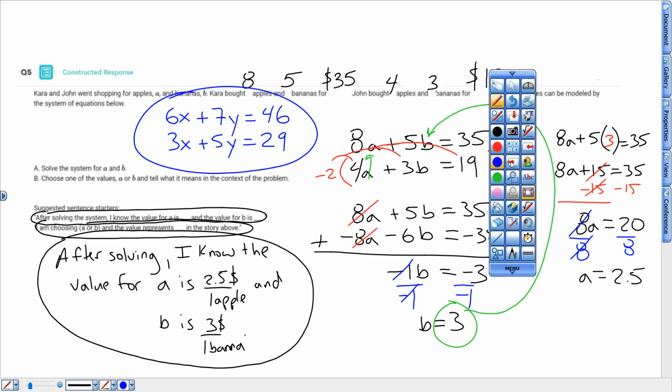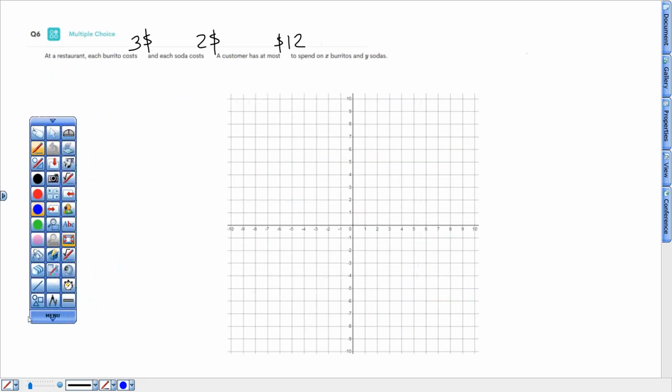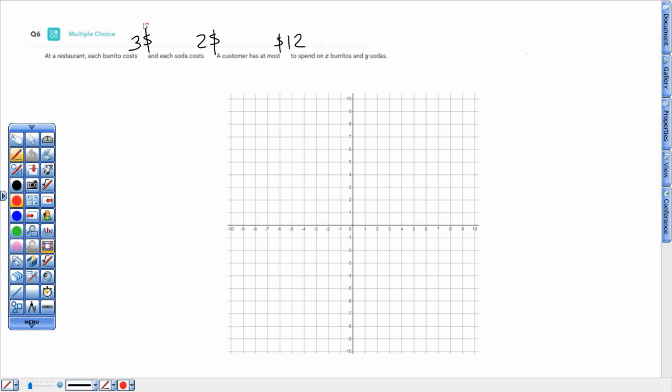All right, here we go. Next problem. For this one, I'm going to have you write it out today. So remember, this is going to be my x. This is my y. So I'm going to have you write it same way as that other problem. And for this one, I'm going to have you solve it for y and graph it that way.